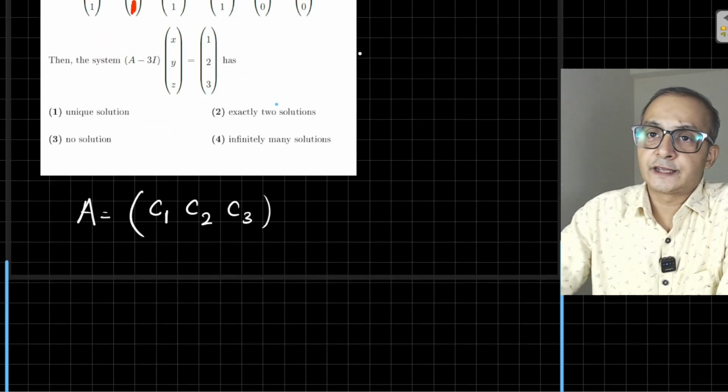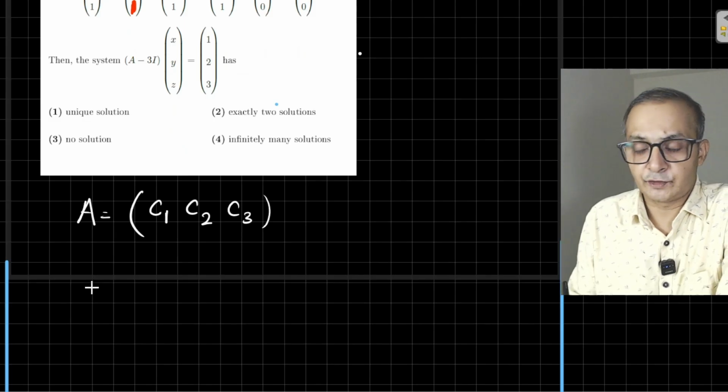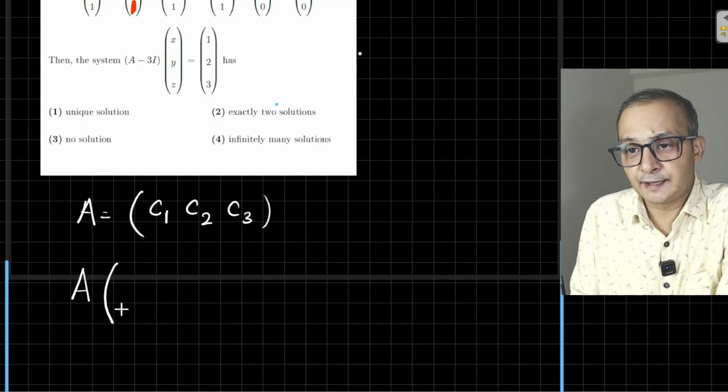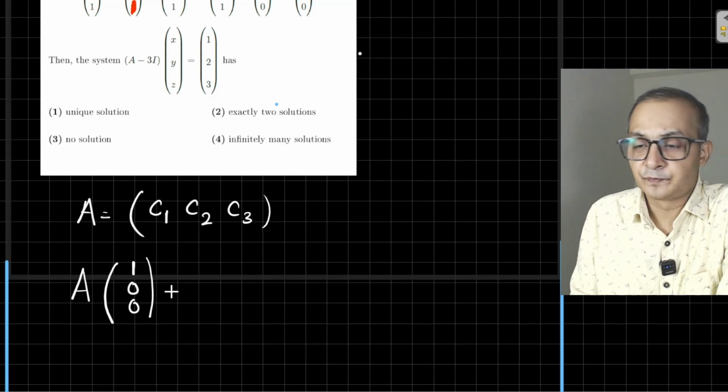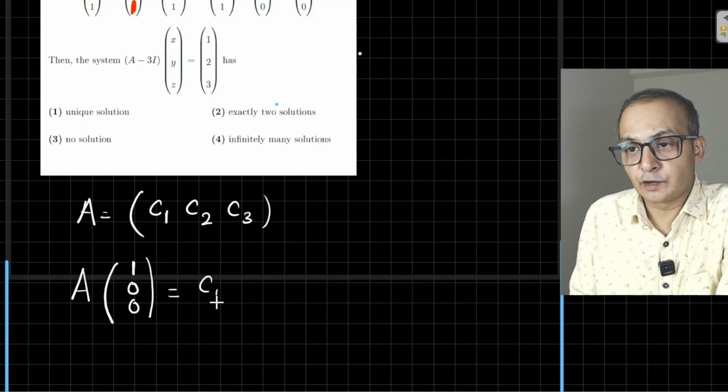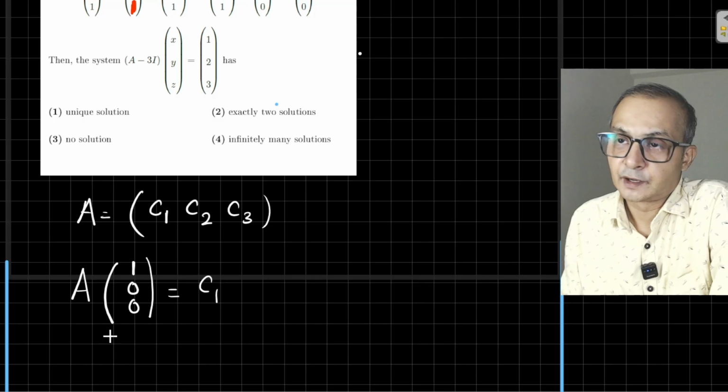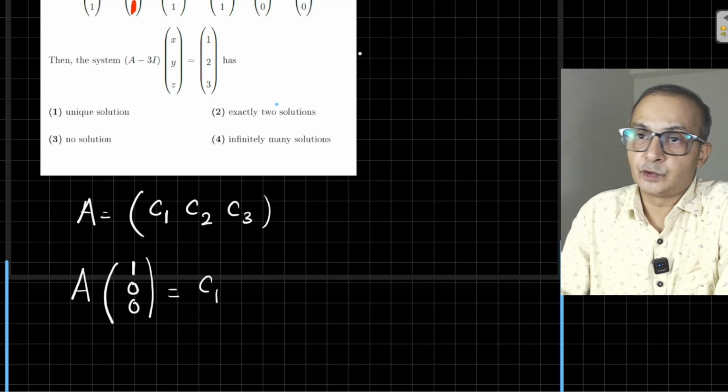Now you also understand one thing: if I have any matrix A and I multiply this matrix with the first column of the identity matrix, I will get column 1 of the matrix A. How can we make sure? You can see it here.